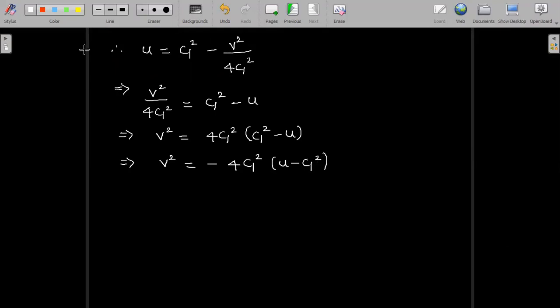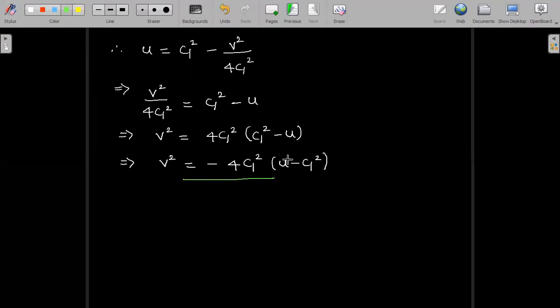So what does this represent in the w plane? Observe, only u and v are involved. Of course, the constant C can be there. So this represents a parabola in the w plane, symmetrical about the u axis with its vertex at C1 square comma 0 and focus at the origin.